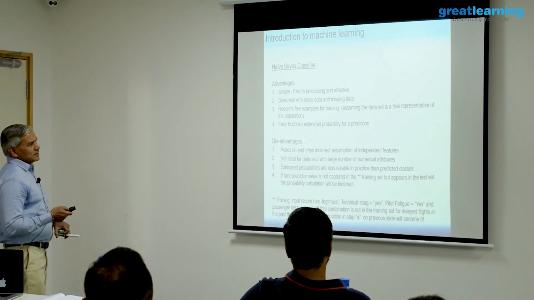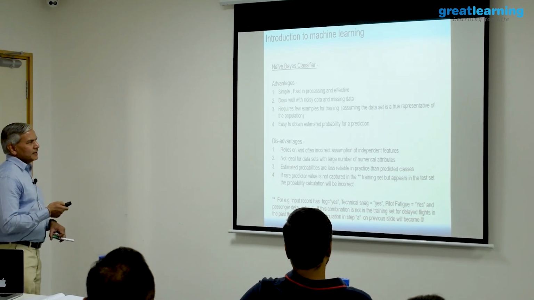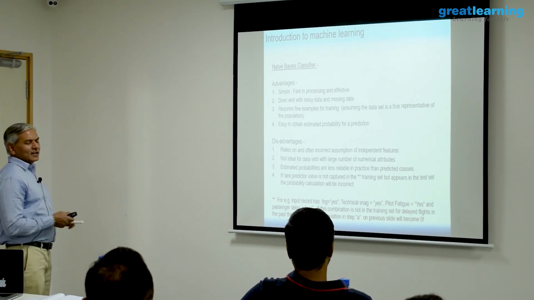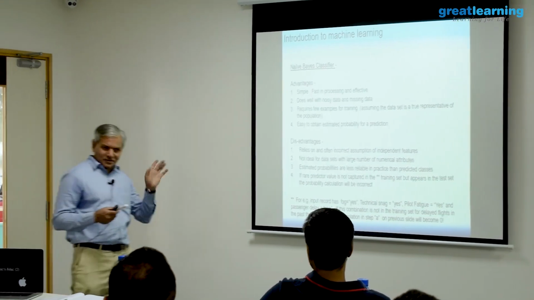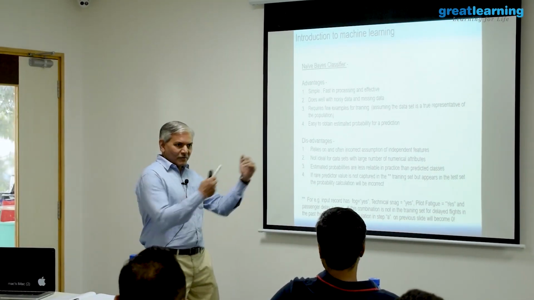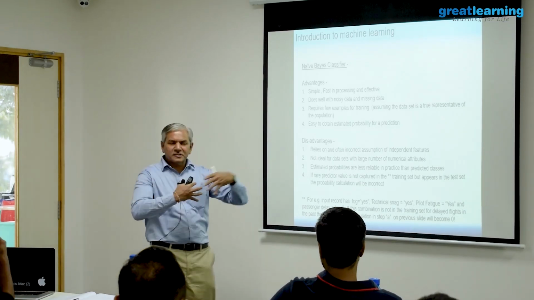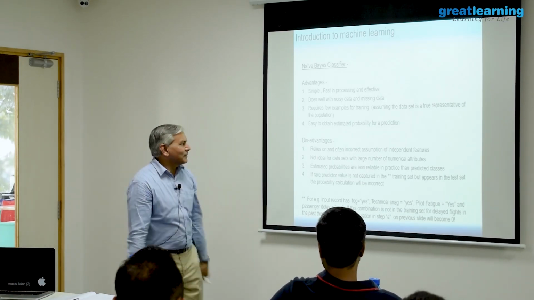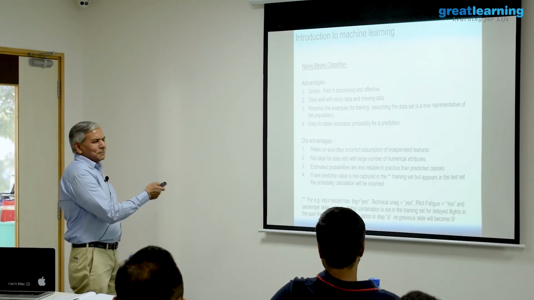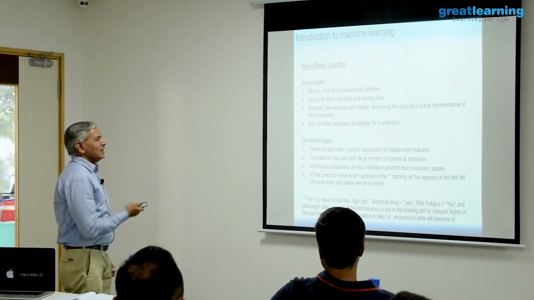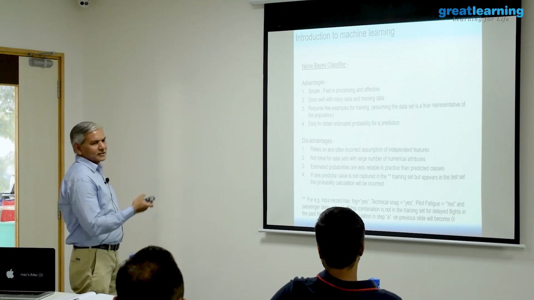Does well with noisy data is what you will see in many of these books and articles, but noisy data means there is a lot of jiggle in the universe from where you're taking the snapshots, which means two consecutive snapshots will have different distributions. So you have to take this with a pinch of salt. Any algorithm will find it difficult with noisy data sets.